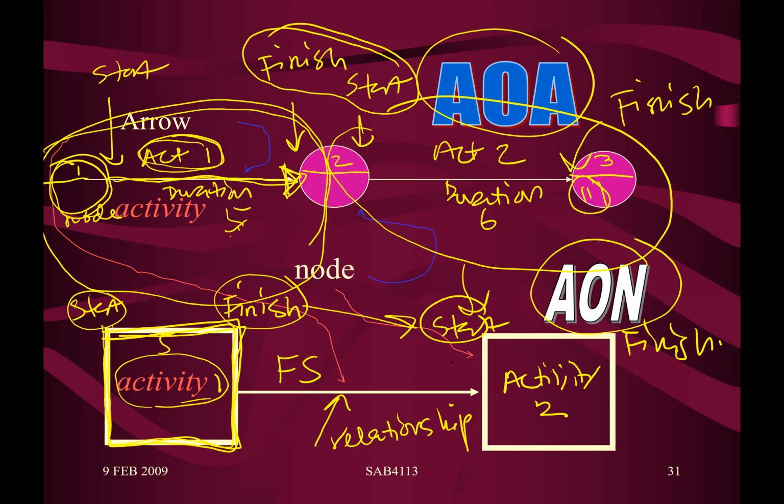So we call it a logical relationship between two activities. When you draw AON, normally the whole diagram will be a little bit compressed because you do not have an elaborate arrow for each of the activities. Later on we'll take a look at those things.